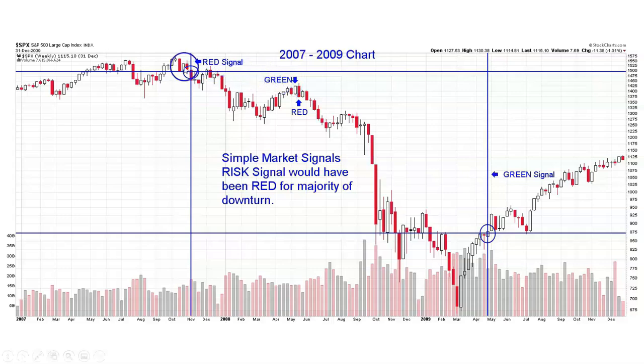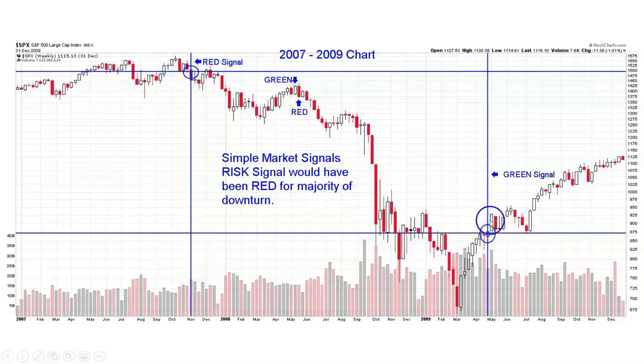But think about this. Again, you could have gotten out, or gone to cash, or done whatever you wanted to do right around 1500 to protect your portfolio, and you would have had a green signal that would have come out around 875 on the S&P 500 right here in 2009.